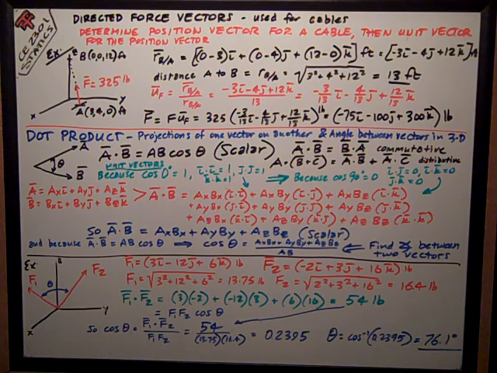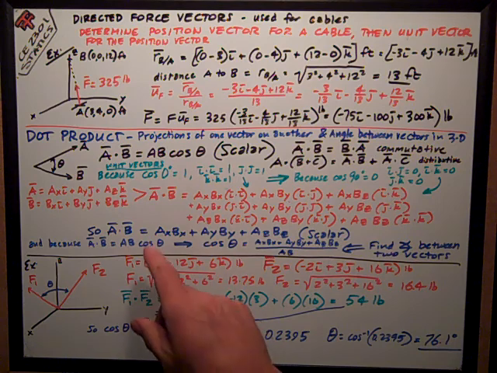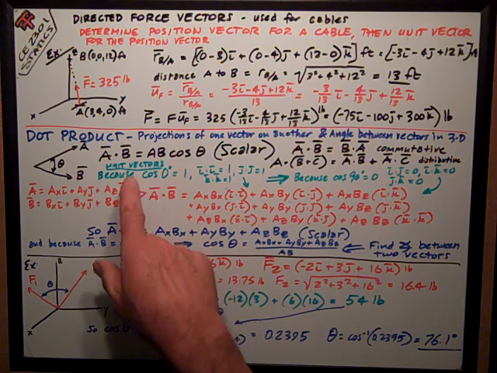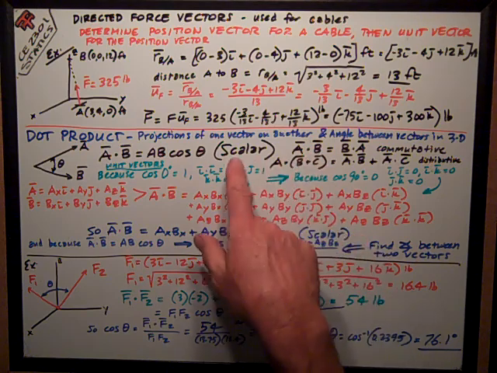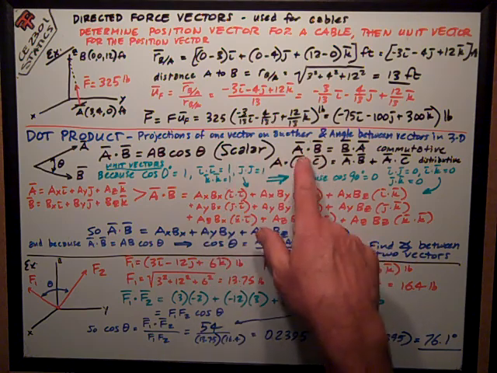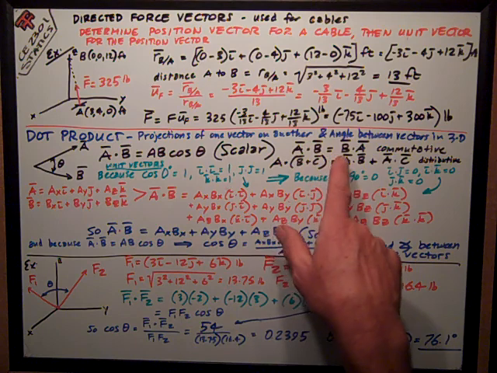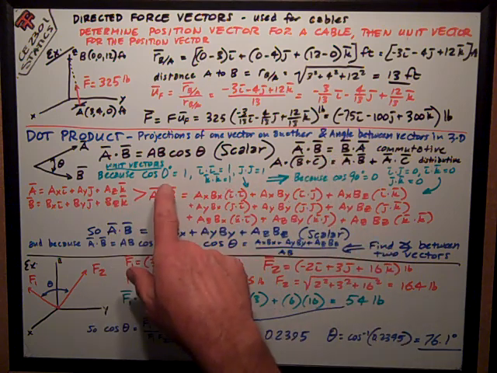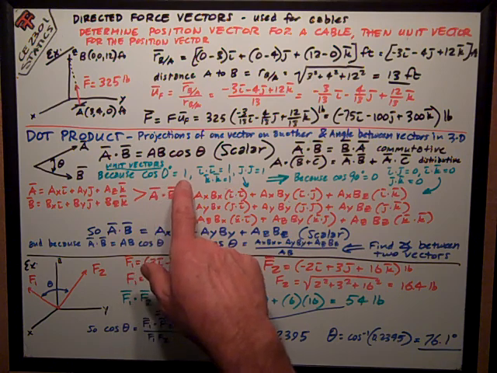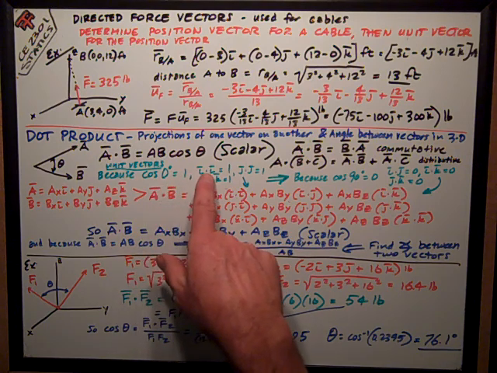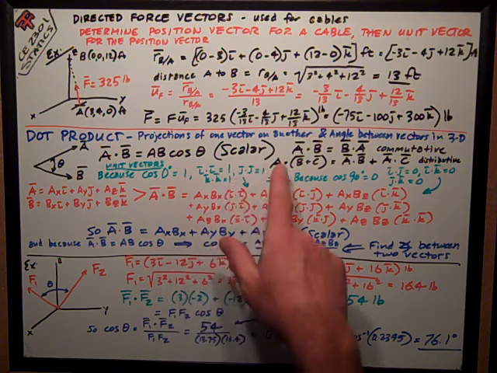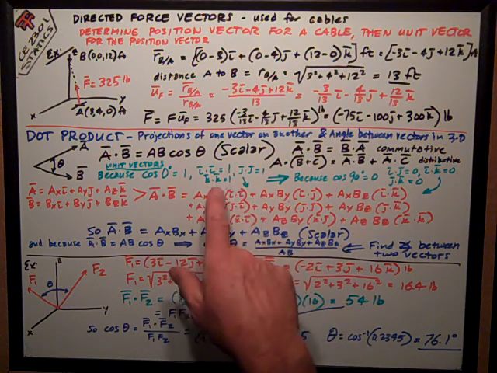Okay, to look at the math of these things, I want to go back to the unit vectors, the main vectors that we're doing the dot product of. Because the cosine of the angle 0 is 1, then looking at unit vectors, i dot i is equal to 1, as is j dot j and k dot k.